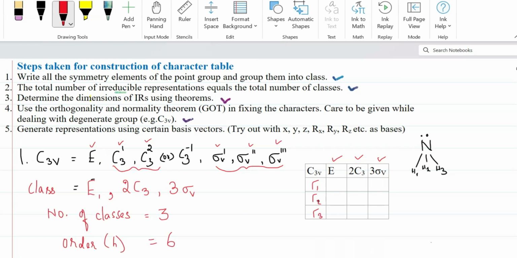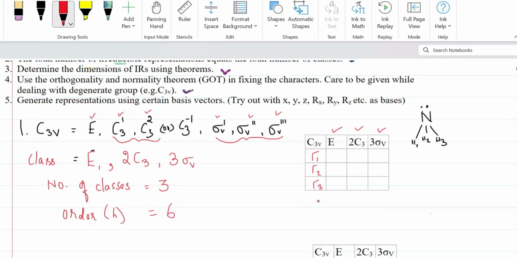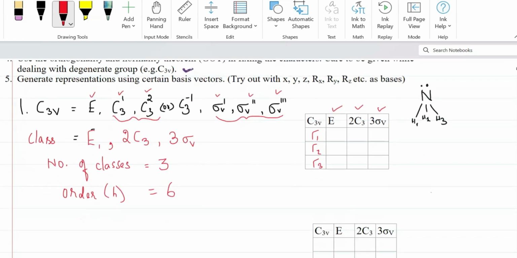That is according to the second rule. That is the second step: the number of irreducible representations will be equivalent to the number of classes.